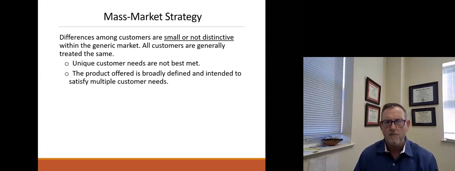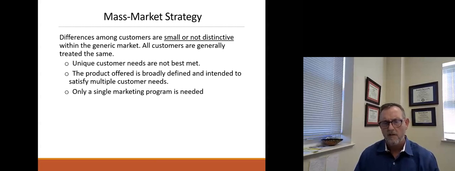So the product offered is broadly defined and intended to satisfy multiple customer needs and multiple segments in the market. It really doesn't take into account that there are nuances in consumers. But only a single marketing program is needed. So in other words, we can do one ad campaign, we can do one distribution strategy, we can do one pricing strategy.